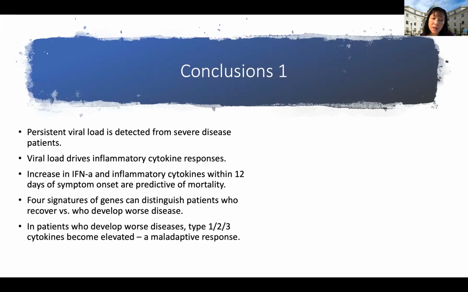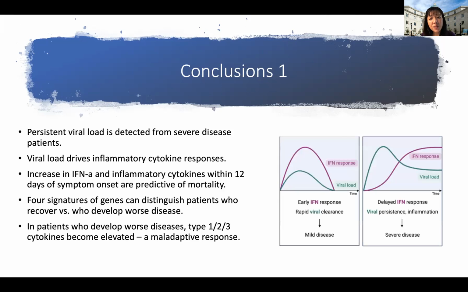And increases in these antiviral cytokines actually are associated with mortality within the first 12 days of symptom. And the 4 different signatures of cytokines that we find in the plasma of patients are able to cluster patients into those that recover from infection versus those that go on to develop worse disease.